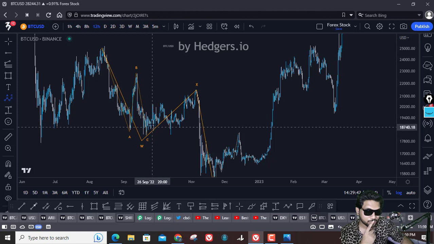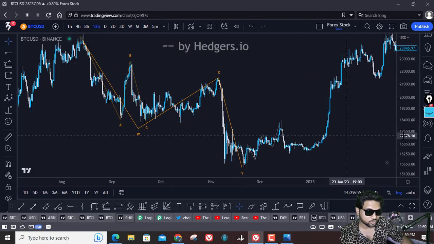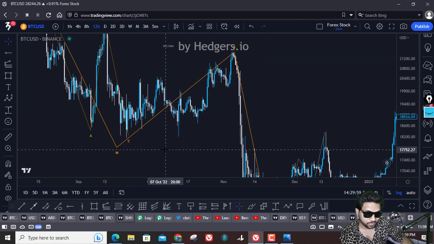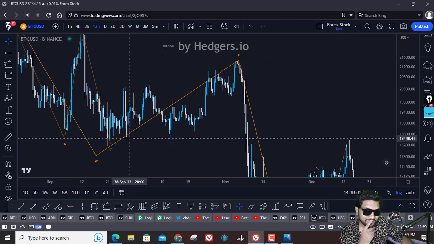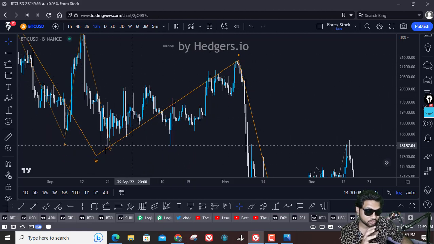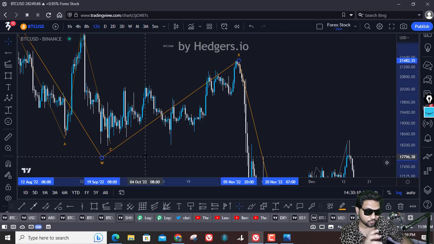One, two, three. 1 2 3. Oh, that is the tricky part, yeah. But I'm sure that is the X wave. But the tricky part is whether this is WXY, because that consists of 3 waves, but it is not showing me the 1 2 3 4 5 wave.